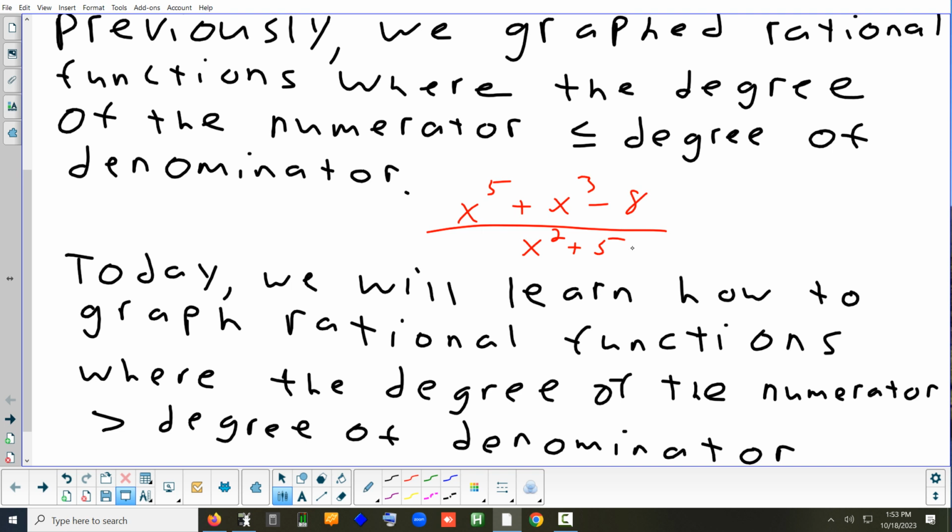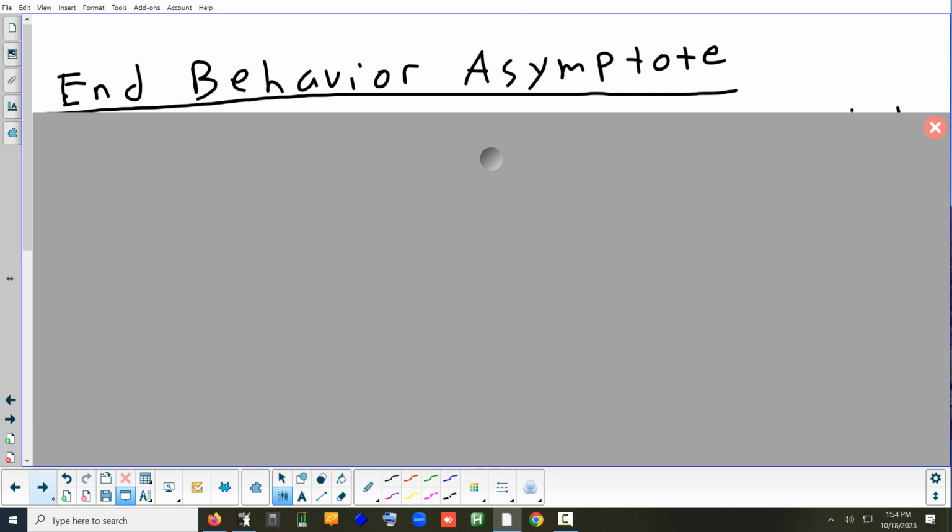And what's that a difference of? 3. The bigger that difference, the more complicated it is to graph. We're only going to look at ones where there's a difference of 1. So maybe it's a 5 in the top and a 4 in the bottom, or a 3 in the top and a 2 in the bottom. If it's a difference of 1, that's a lot easier to draw. That would be pretty complicated to do.